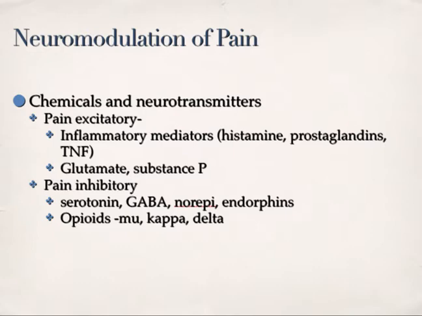Like histamine, if you think about it, histamine increases vascular permeability, so you get swelling. Prostaglandins, once again, are heavily integrated with that inflammatory response. Same thing with TNF. Substance P and glutamate are other ones that excite the pain response. And then we also have ones that inhibit it, like serotonin or GABA or norepinephrine or general endorphins that are naturally produced by the body.